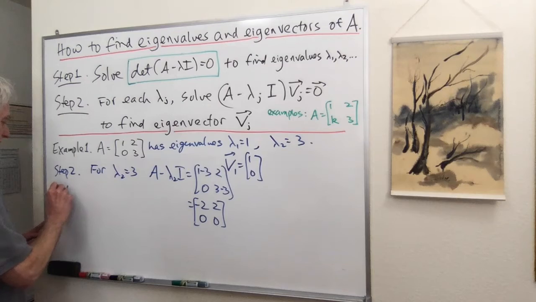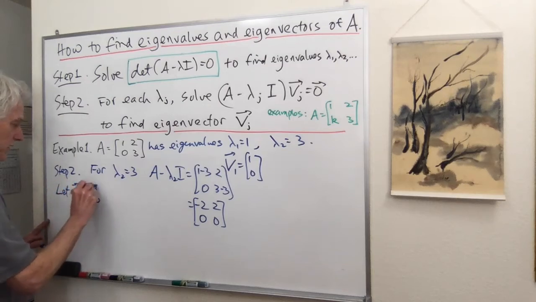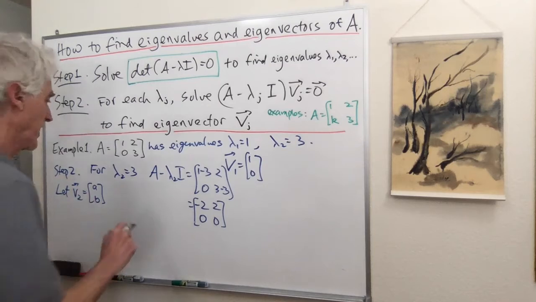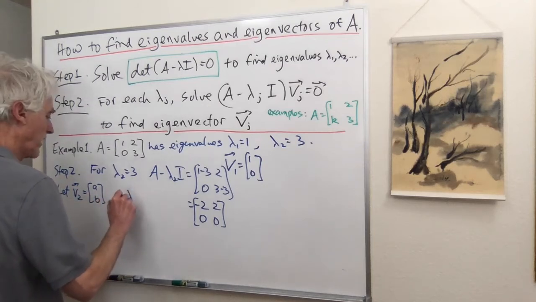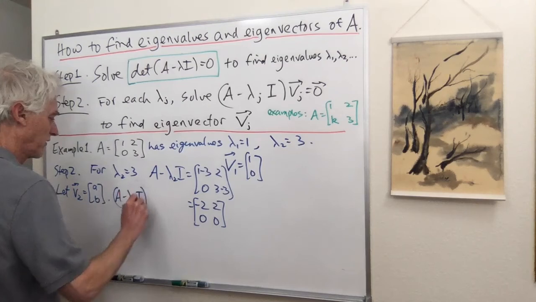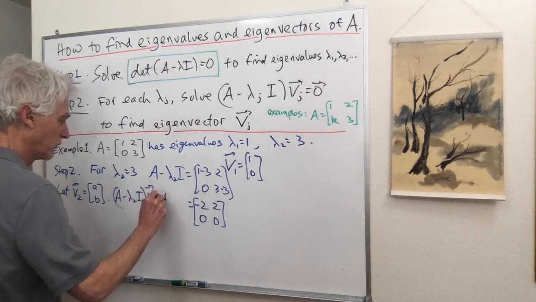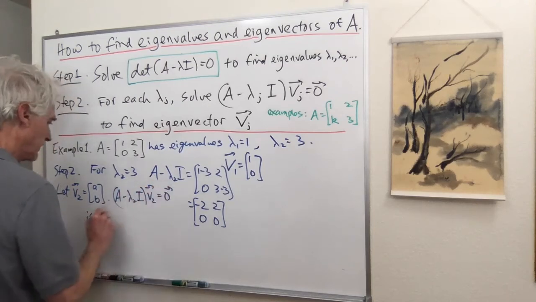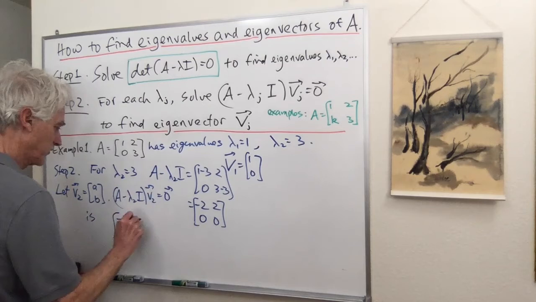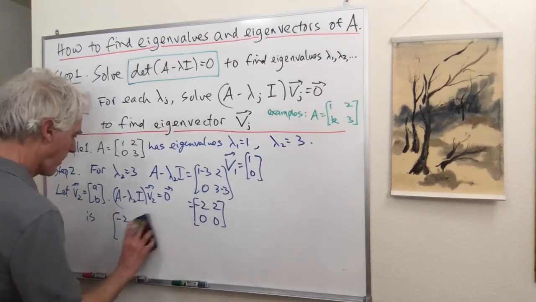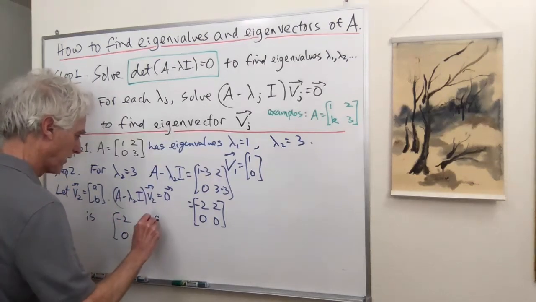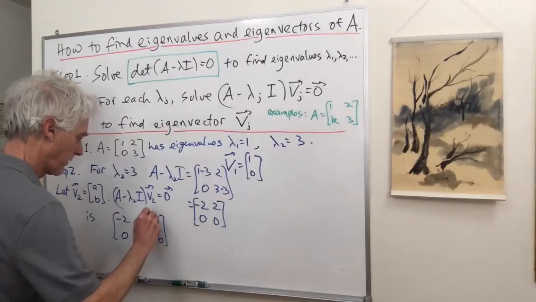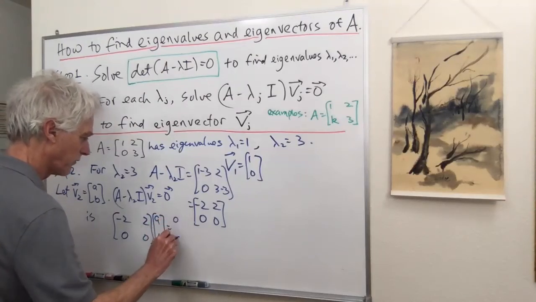So again, we'll let V2 be a, b and try to find the equations for a and b. Then A minus lambda 2 I times V2 equals 0 is negative 2, 2, 0, 0 times a, b equals 0, 0.